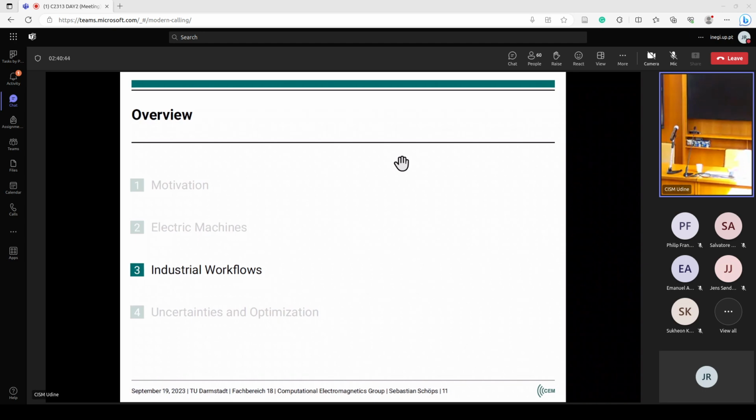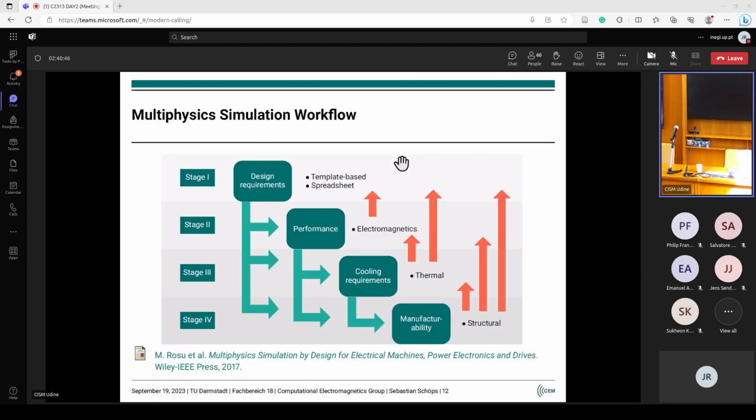So, okay, the industrial workflow. Again, I believe this is not only true for electric machines, it's true for many, many designs done in industry nowadays. People start at stage one with template-based designs, in which the simulation they do is probably spreadsheets, right? So it's not a PDE solver, it's really very simply constructed.